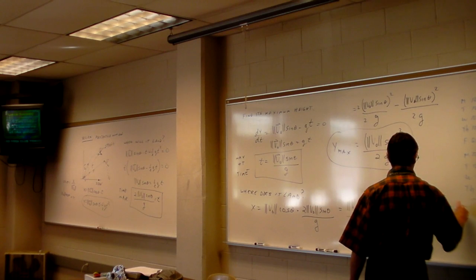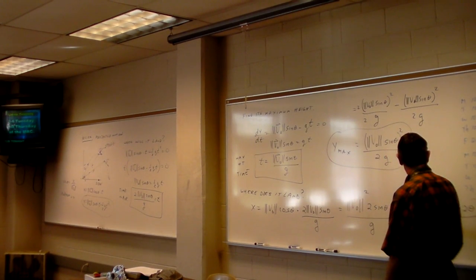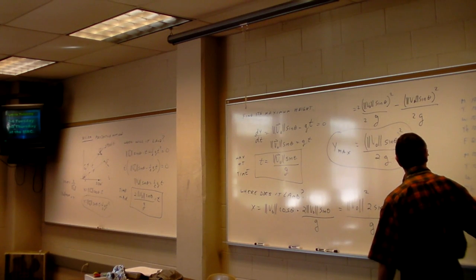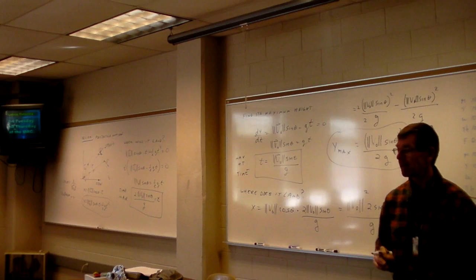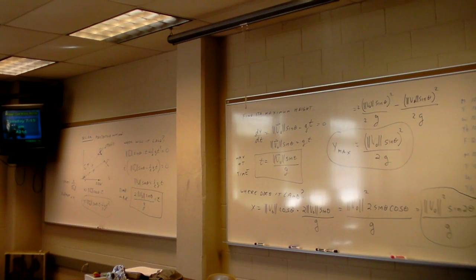It's the sine of 2 theta. So where does the projectile land? Whatever the velocity is squared times the sine of twice the angle divided by gravity.